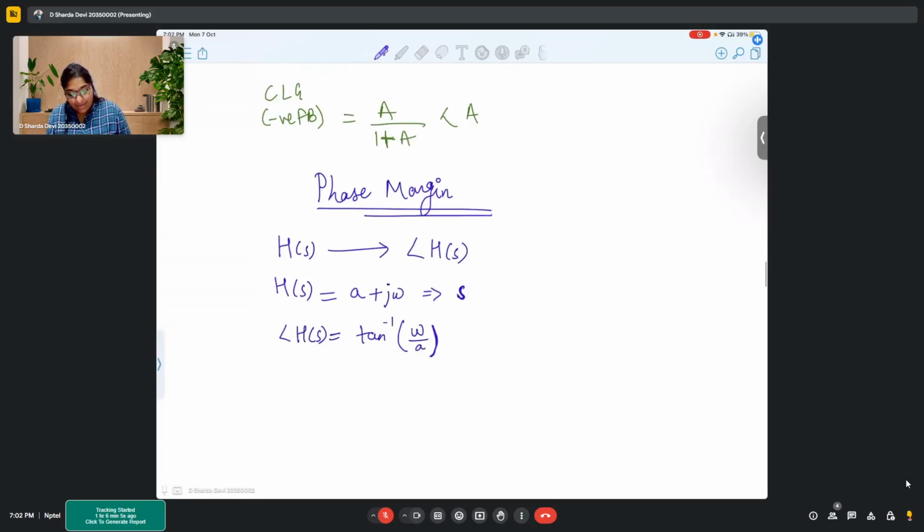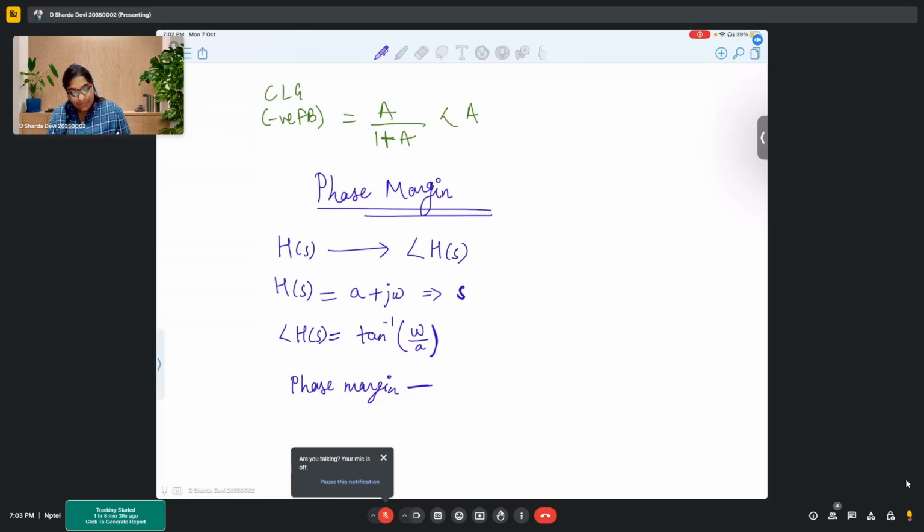So when I say phase margin, we know margin basically means how much we are left with before the deadline or the end, correct? So we find this phase margin with respect to 180 degrees.